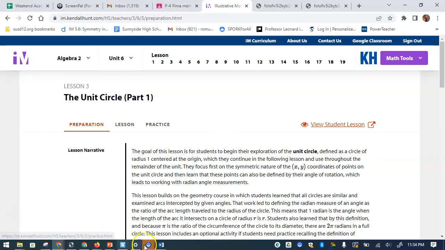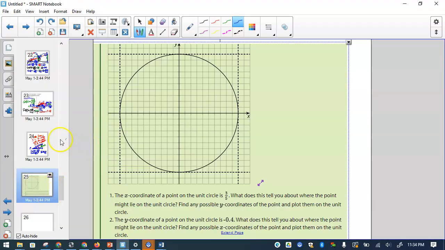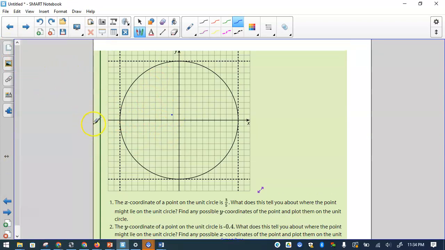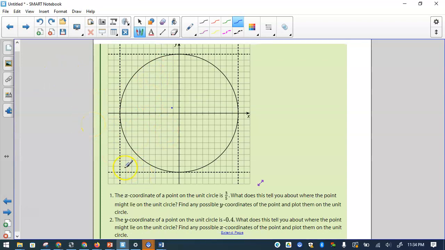So the first one is, you see this is given to you. What you are supposed to do is the x coordinate of a point on the unit circle. So this is a circle, which is a unit circle.